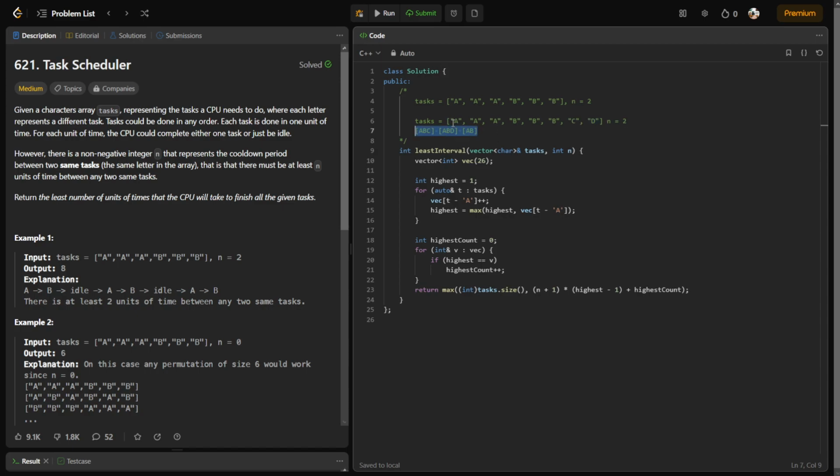This can be grouped into 3 cycles. Since n equals 2, we have to skip 2 times. So here we can do A, B, and C in one cycle. I'll group them up like this.